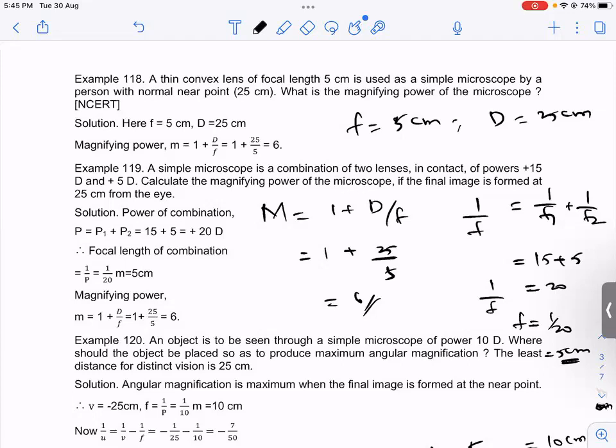20 diopter. 1 by 15 diopter is in terms of meter. Now, the power formula I would have explained. Power is equal to 1 by f when f is expressed in terms of meter. Power is 100 by f when it is represented in centimeter. Correct? So if you write it in the reverse order, you will get it. Right?